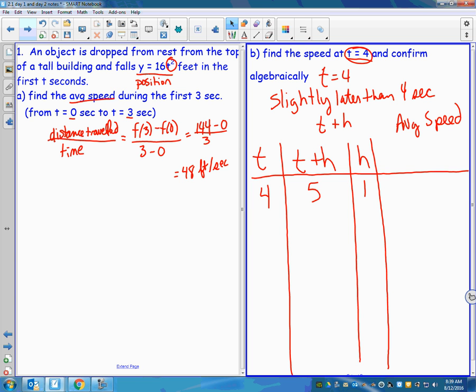So average speed, we're going to take the f of 5 minus f of 4, the change in the y's, over 5 minus 4.